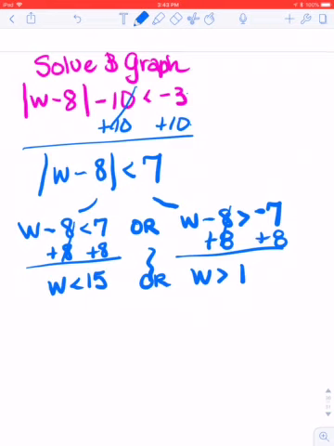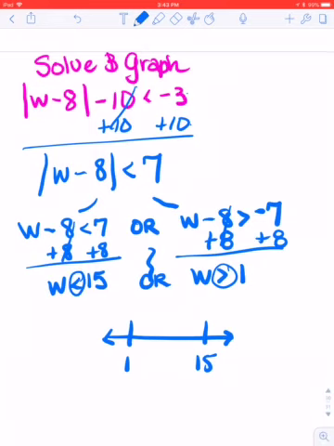So the numbers that they care about are 15 and 1. So if I do a number line, 1 is going to be smaller and 15 is going to be bigger. So if I look at this, because the inequalities that are here have no equal to, that means there's going to be open circles.